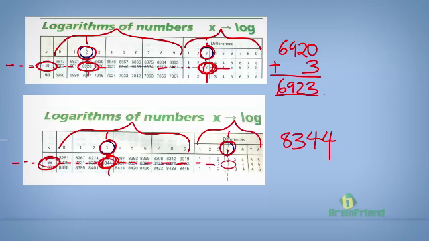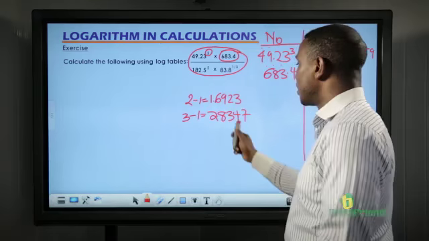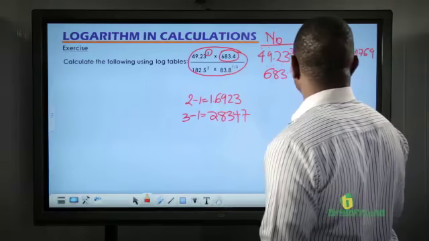If we trace the column to meet up with the row, they would intercept at this point where we have the value 3. So to get the log number, we'll add up our values 8344 and 3, and that would give us 8347. It therefore means that the logarithm of 683.4 is 2.8347. Let's get this value into our table.